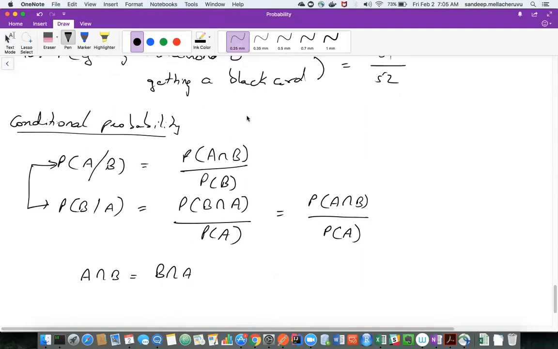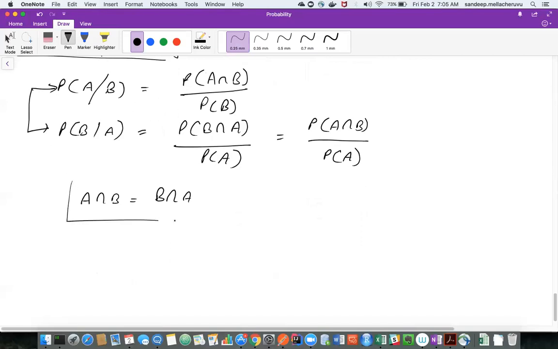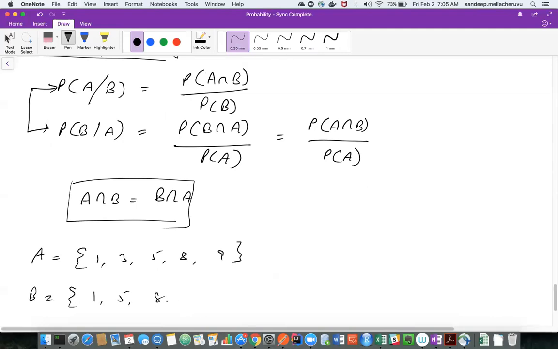Can you please explain this last point, A intersection B equal to B intersection A? Okay, let's say A equals 1, 3, 5, 8, 9, and B is equal to 1, 5, 8, 3, 0.